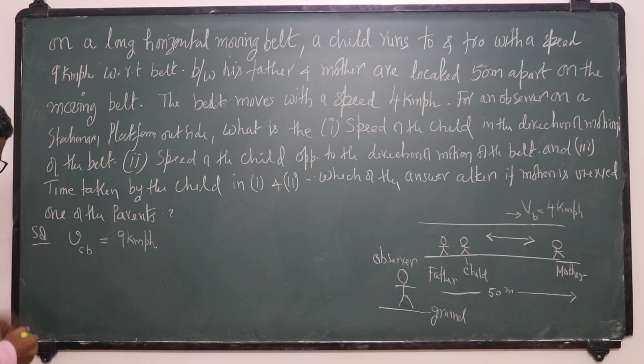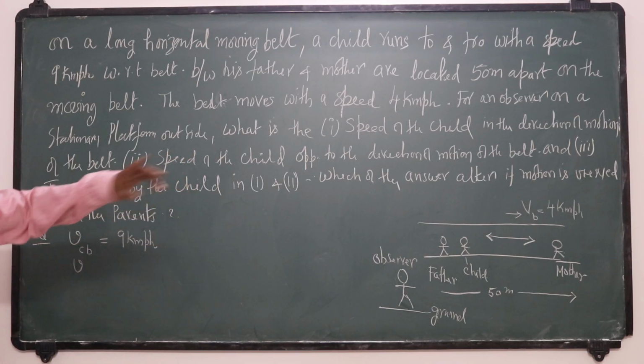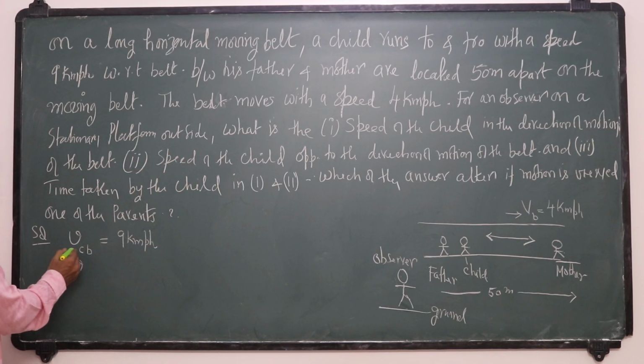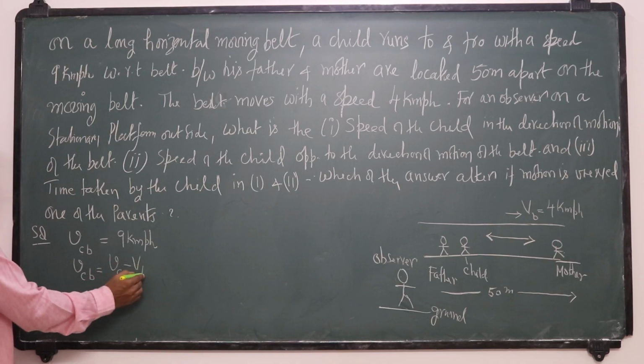Speed of the child with respect to belt is speed of the child minus speed of the belt.